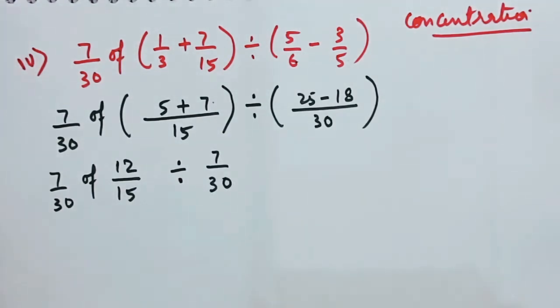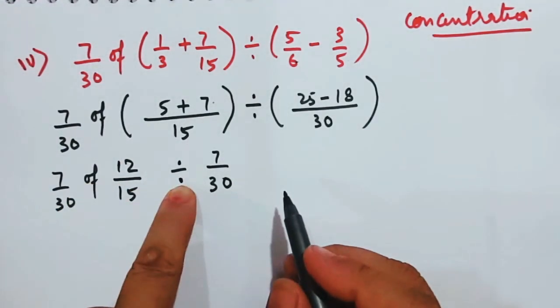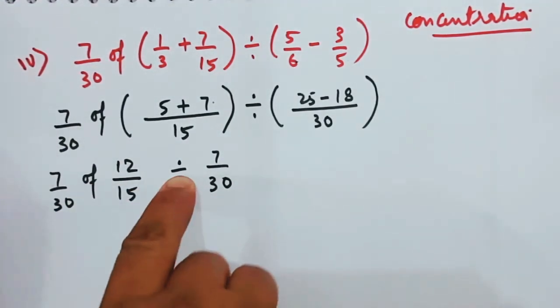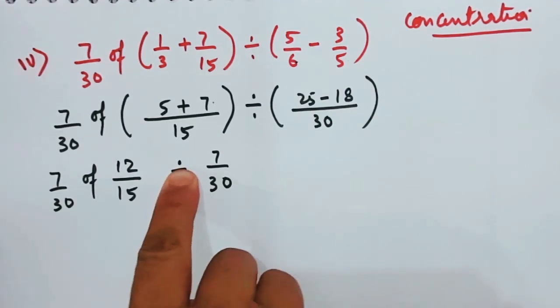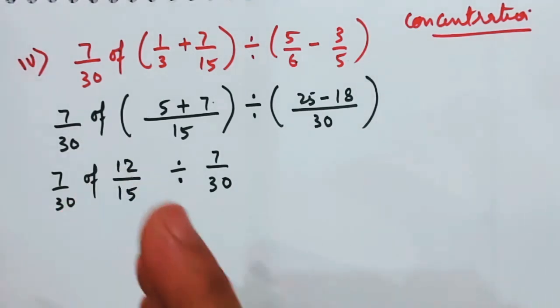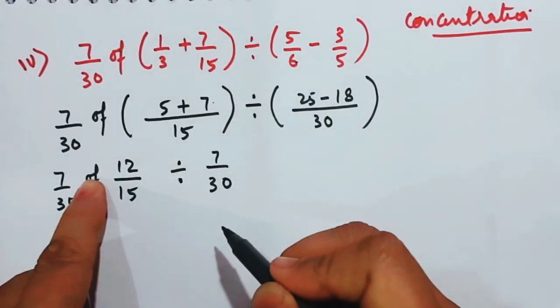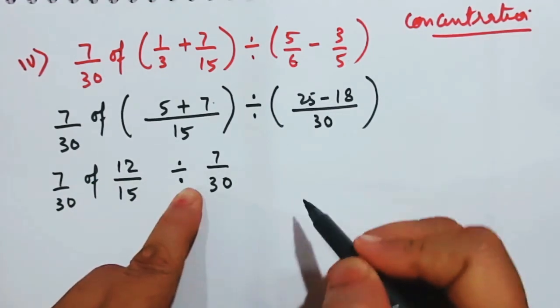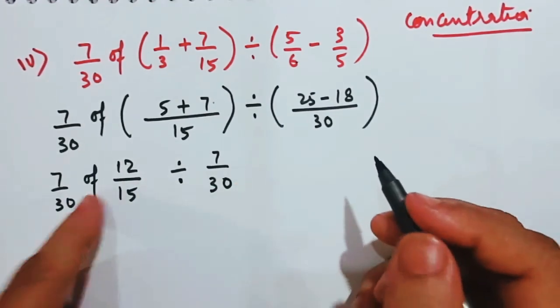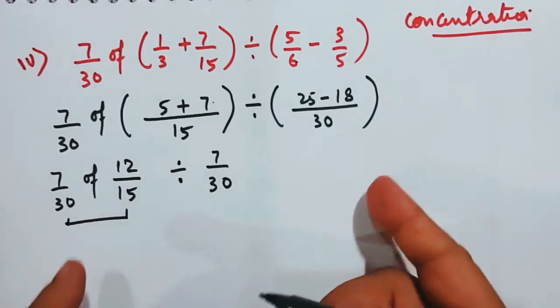So as I had told you, my dear, whenever you have off and division, if here we would have been given multiplication, then no issues would be there, because multiplication and off are of the same type. But when different types are given, like off and division or addition or subtraction, off should be solved first, isn't it?